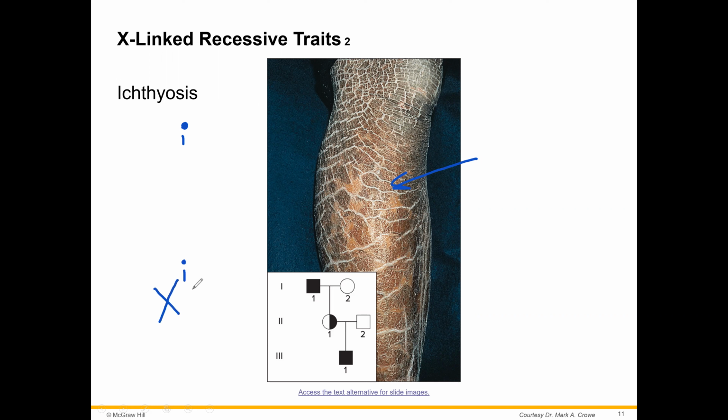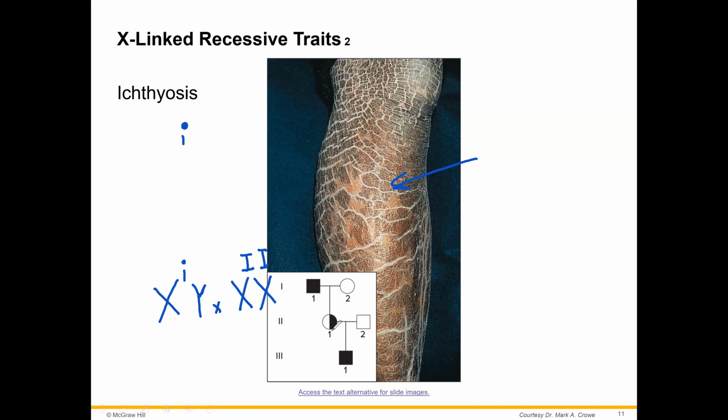So here's the genotype of the father: X with little i, Y. The mother over here is not a carrier, so we cross with a mother who was not affected. So she has a dominant I and dominant I. So she doesn't have this disease.